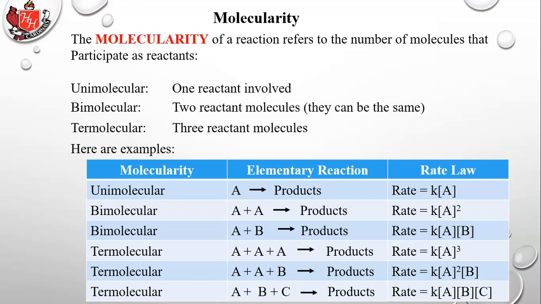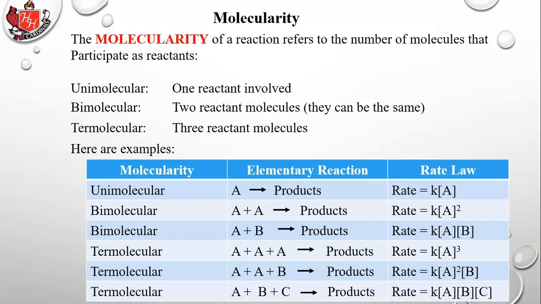So the way you would write the rate law is rate equals K, and since it's an elementary reaction, it would be concentration of A to the first power, since over there A has a coefficient of 1. Now A plus A is 2A, so the rate is going to be K concentration of A squared, because the coefficient of 2 becomes the exponent.